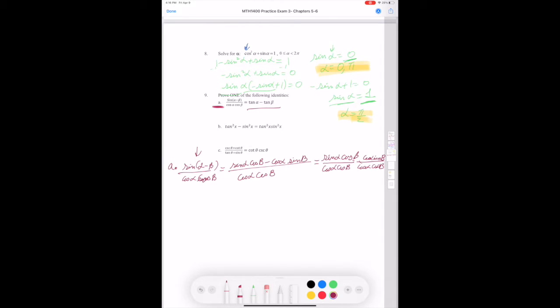And what you're going to see here is that my cosine betas cancel and my cosine alphas cancel. So I am left with sine alpha over cosine alpha minus sine beta over cosine beta. Well, sine theta over cosine theta is tan. So I have tangent of alpha minus tangent of beta. So that's the first one.